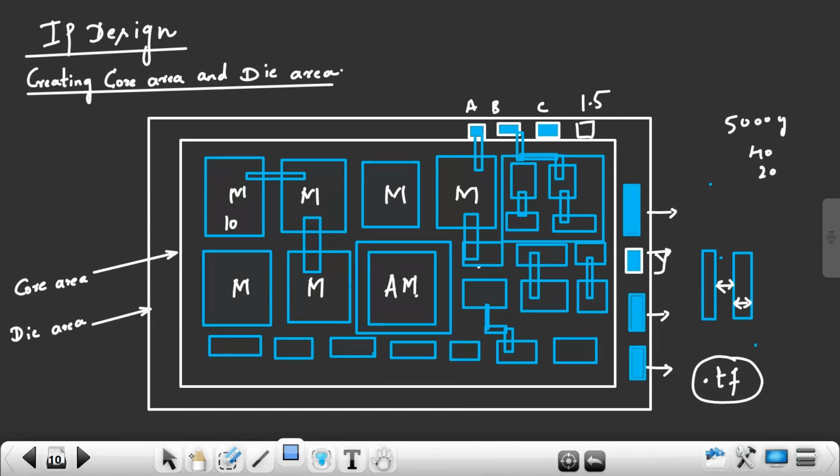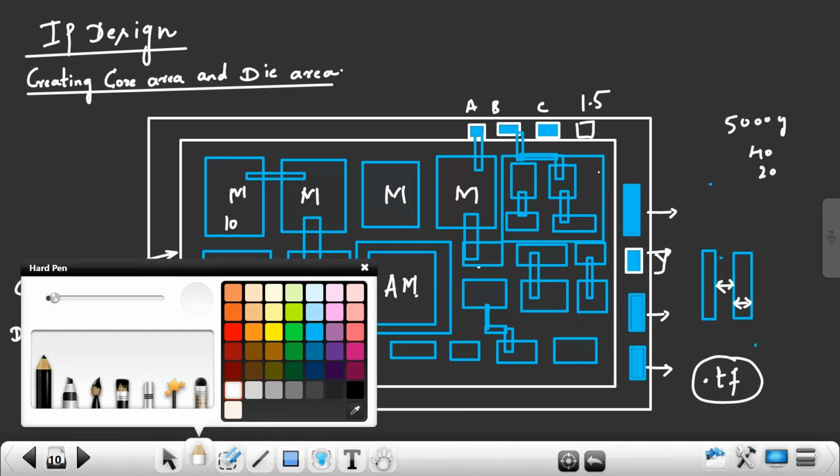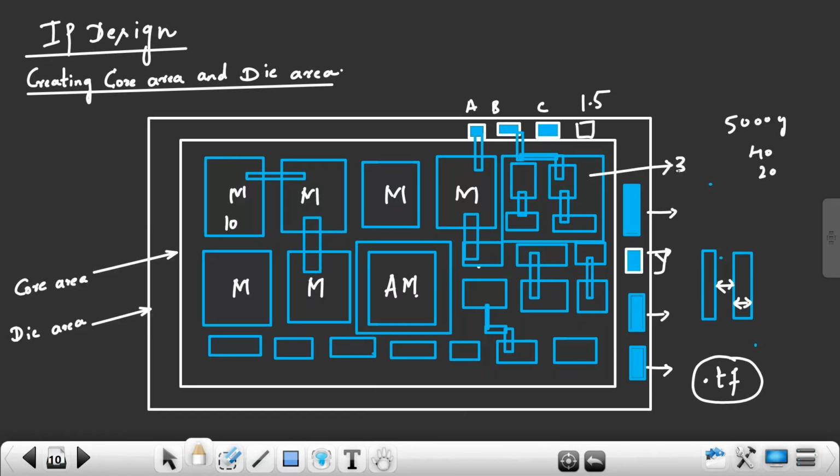In every small region, the metal layer percentage should be minimum 30%, maximum 70%. Then only I can fabricate.